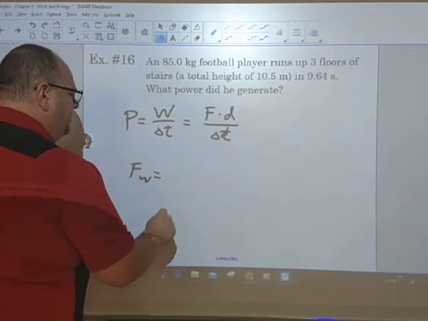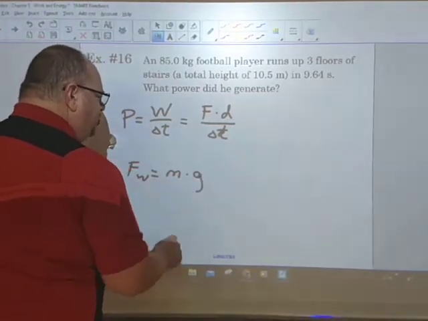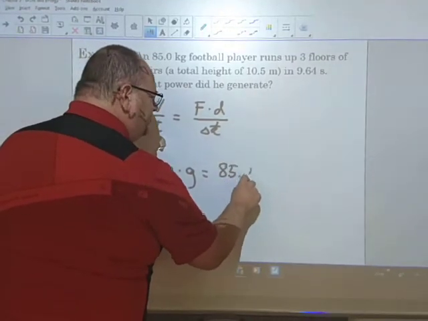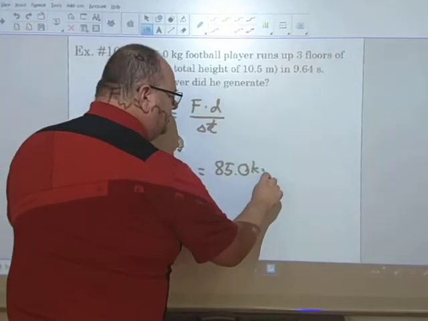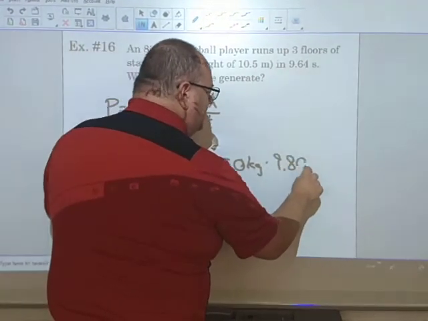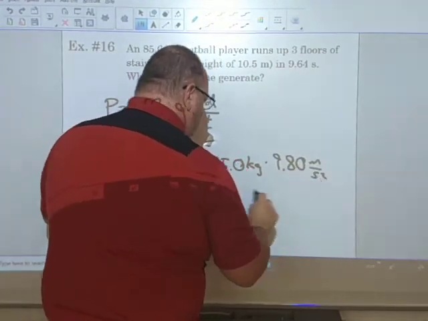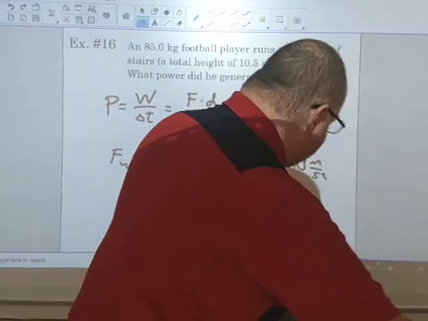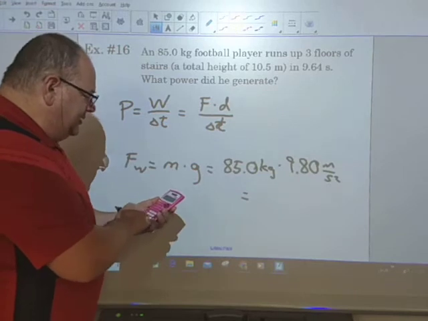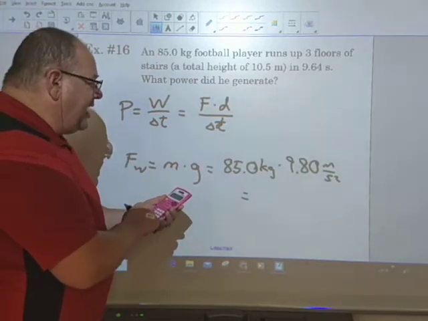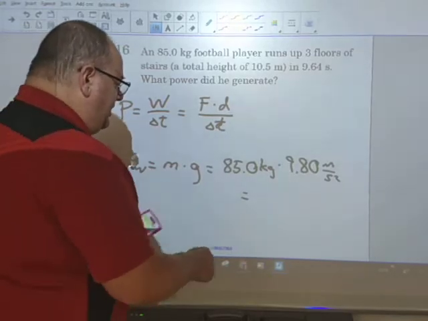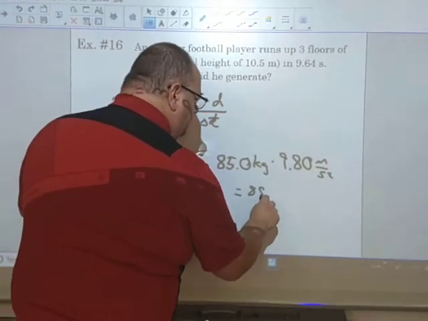The weight is m times g. So m is my mass, 85.0 kilograms, times g, 9.80 meters per second squared, and I get a force, or a weight, of 85 times 9.8, 833 newtons.